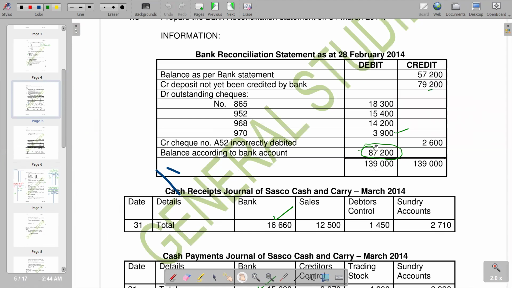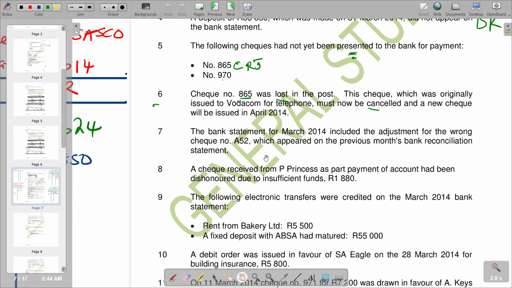We can just try to see how it is appearing. I think we have got the description there. They're saying each appeared in the previous month's bank reconciliation. So we need to find out how we are going to adjust it by maybe referring back to the information that we are given at the beginning of the question.